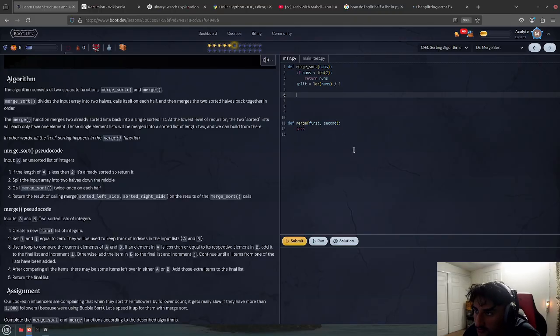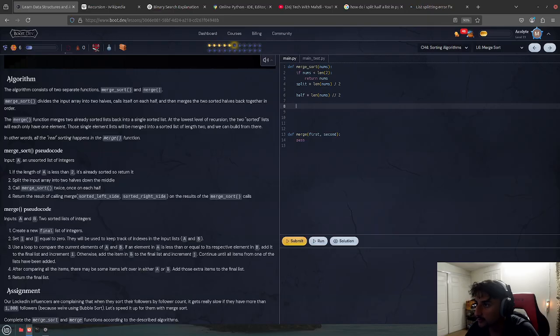So the way we split it is, if we want the half, it's going to equal the length of nums divided by 2. If say the length of nums is 8, that'll be 4, and that'll be the half. Alright, and now we want the first half.